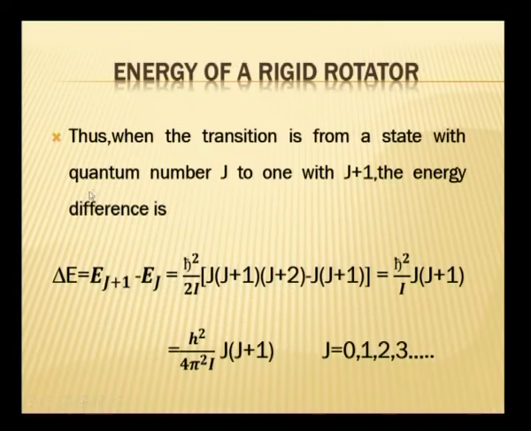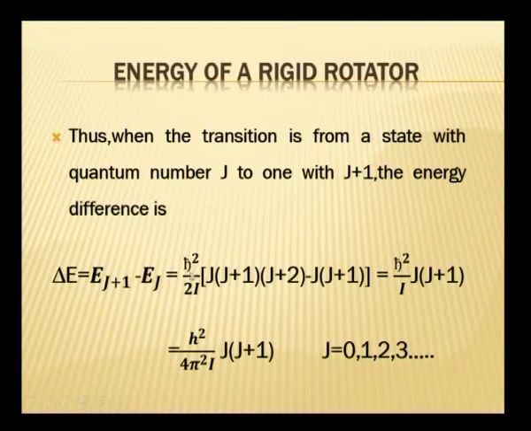Thus, when the transition is from a state with quantum number j to one with j plus 1, the energy difference is delta E, that will be E j plus 1 minus E j, the energy difference between two successive eigenvalues E j and E j plus 1.